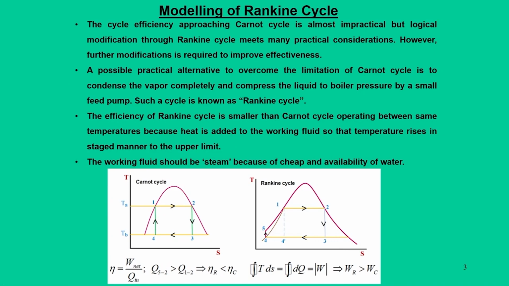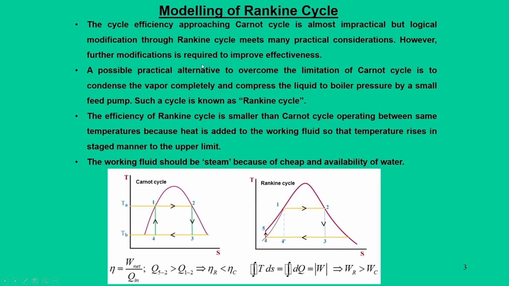In our previous lectures, I emphasized the Carnot cycle, and there we summarized that the Carnot cycle is not possible for implementation in practical aspects. So, the cycle needs to be modified so that its practical utility is ensured.